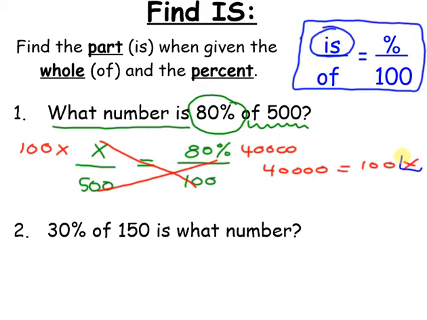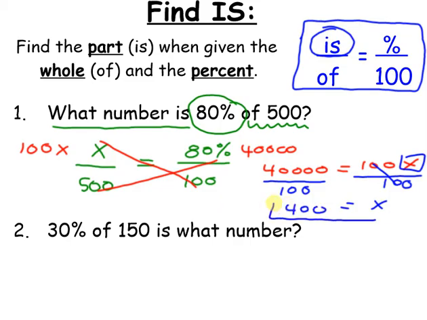Box your variable. Divide by the coefficient that's attached to it. So these guys are going to cancel. You're left with x equals, when you take 40,000 and divide it by 100, you're going to get 400.